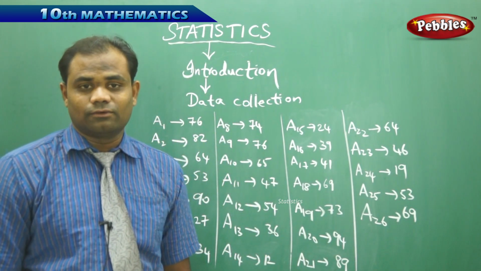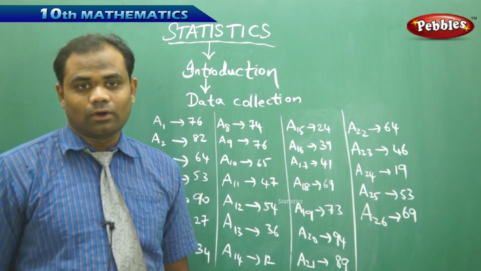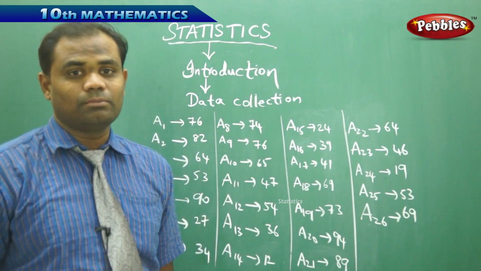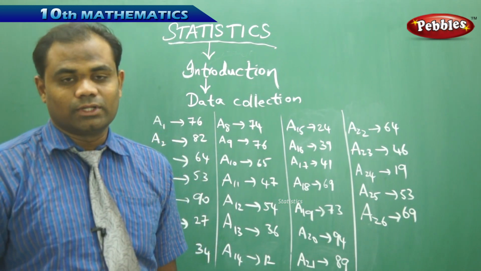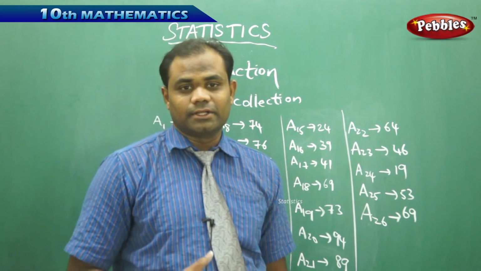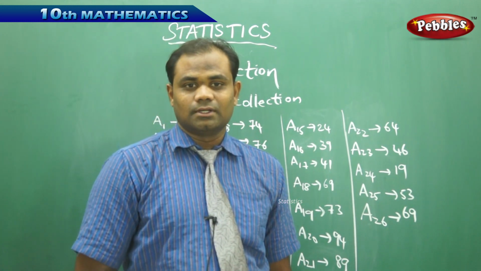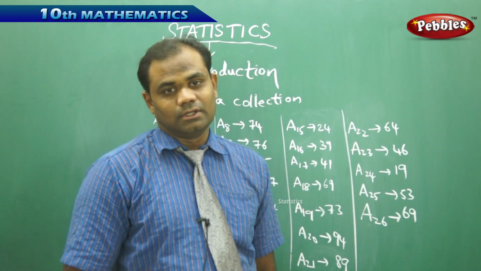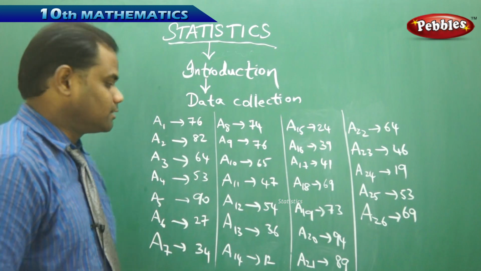Interestingly, this kind of arranged data is the initial step of statistics. Arranging the data is very important in statistics, more than understanding the data. So once the data is arranged, we examine, we study the data, and then we make predictions using different properties of statistics. So let's see how I can arrange this data.